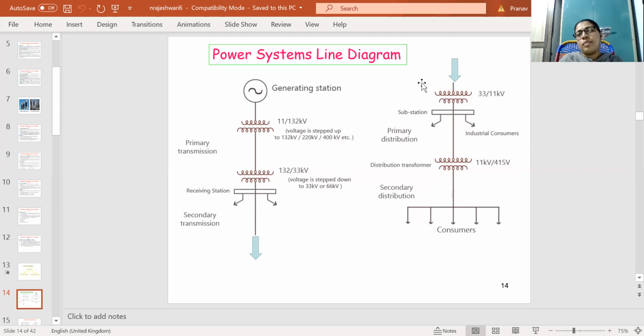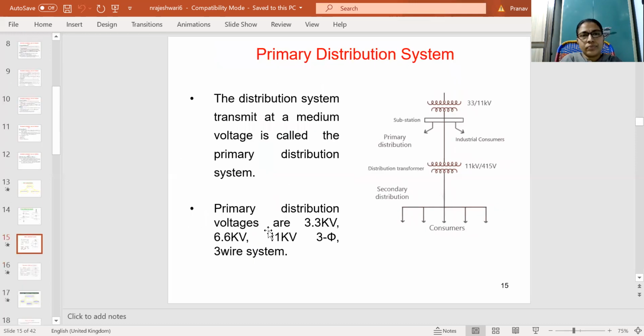Primary distribution requires one step down transformer, and from primary to secondary distribution, a secondary step down transformer is required, and finally it will reach the consumer premises. This is the power system line diagram.